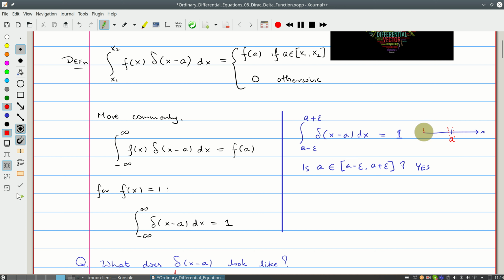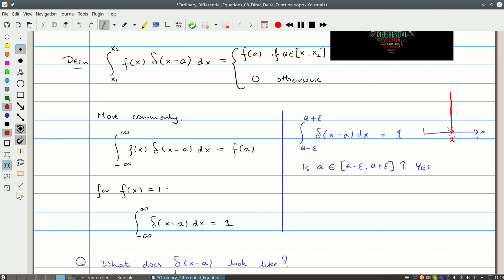Or I can integrate as far away from a as I want, and I will still get a 1. It's as if this Dirac delta is concentrated here. It's spiked over here, and it's nowhere else. Why do I know it's nowhere else? Because if I decided to integrate from a minus epsilon to, actually, let's keep that where it was.